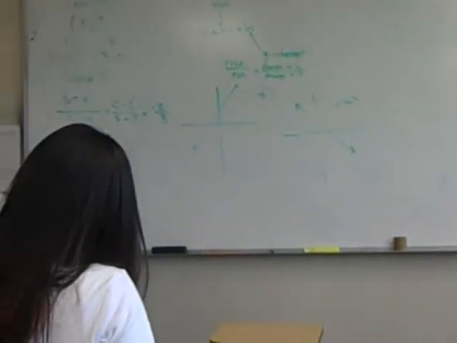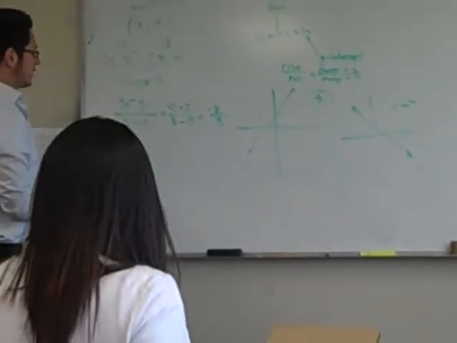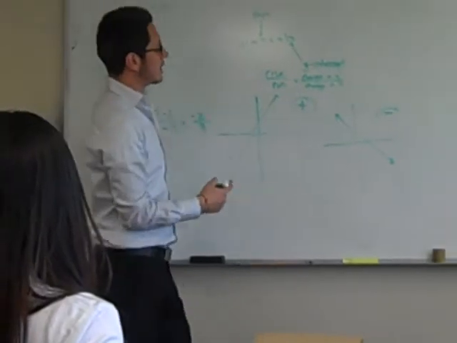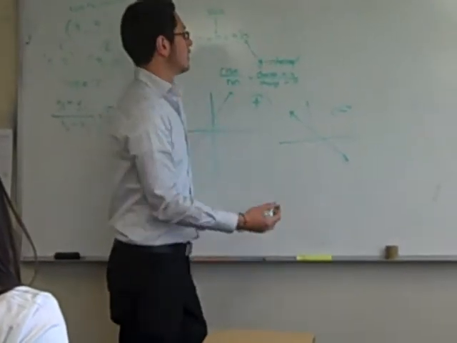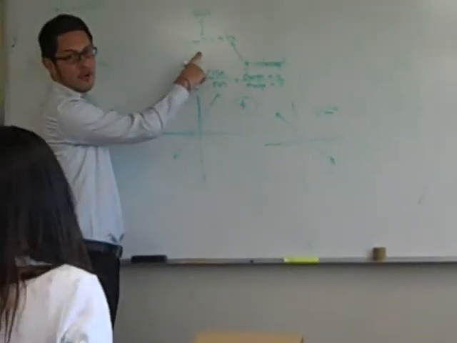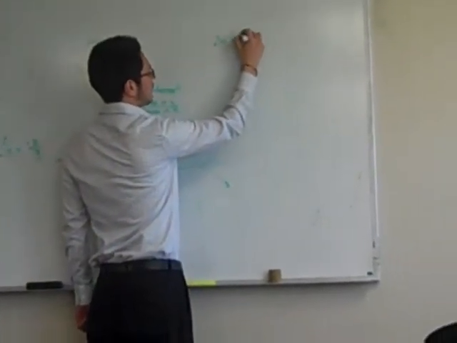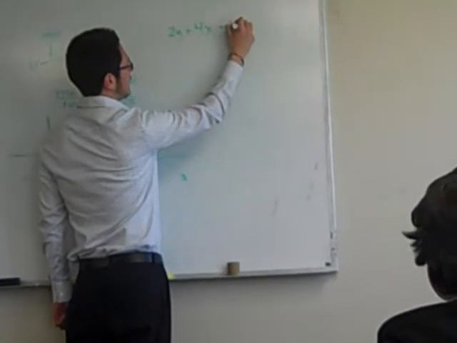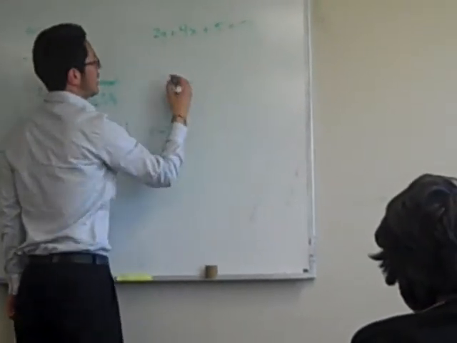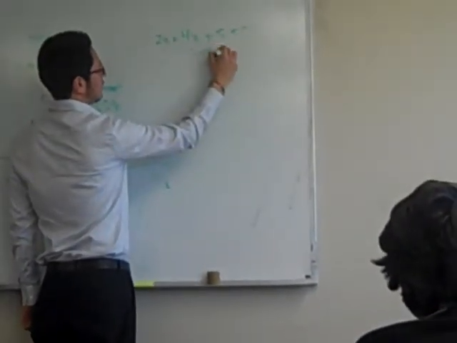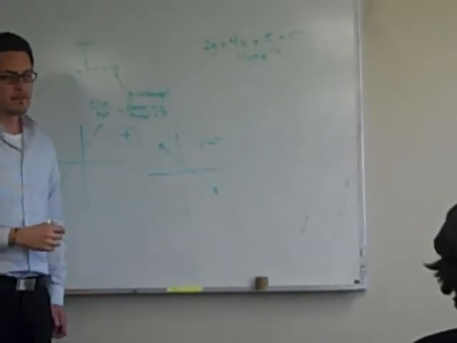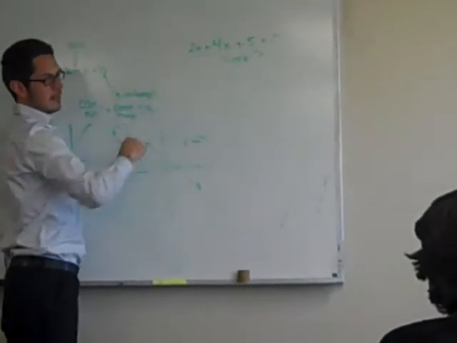Okay? Good. Other times we'll have the equation of the line, except it won't necessarily be in this format. If I gave you something like 2y plus 4x plus 5 is equal to 0, and asked you what the slope is, would you be able to tell me just looking at this equation?